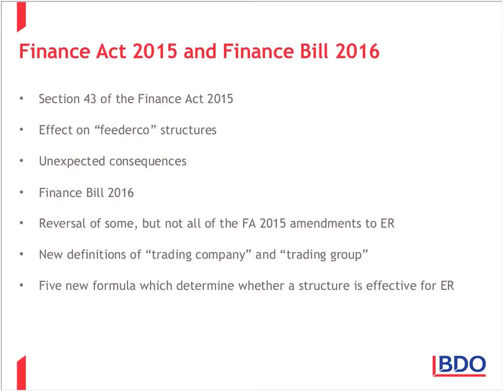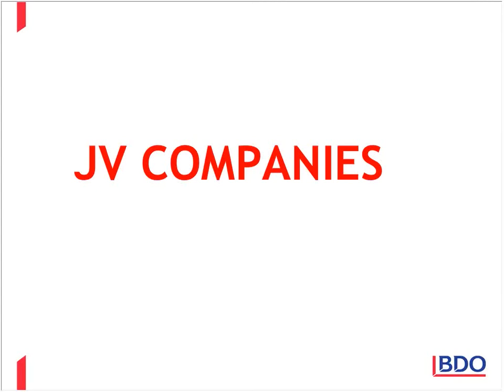The Finance Bill 2016 contains new definitions of trading company and trading group for ER purposes, in addition to the introduction of 5 key formula that need to be applied to determine whether or not an employee or office holder of a company can qualify for ER. So, if we have a quick look at the formula.